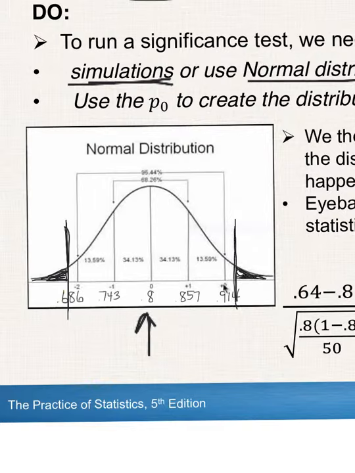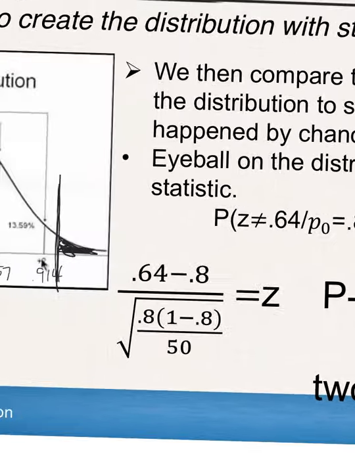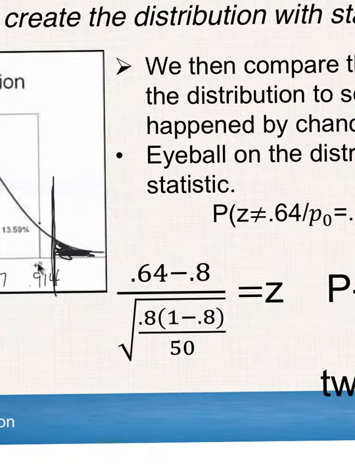So how we're going to find this, instead of eyeballing it, is to find the z for this one, then find the probability and double that. Here's how we find the z again. We look at the statistic, then the proportion, and then here's our standard deviation, and that gives us a z.